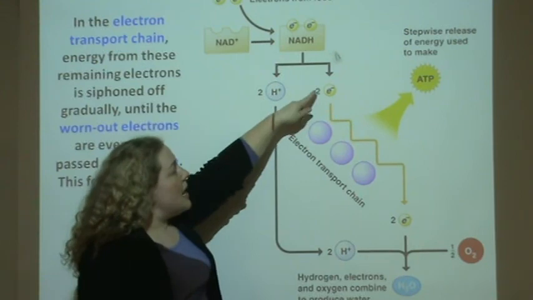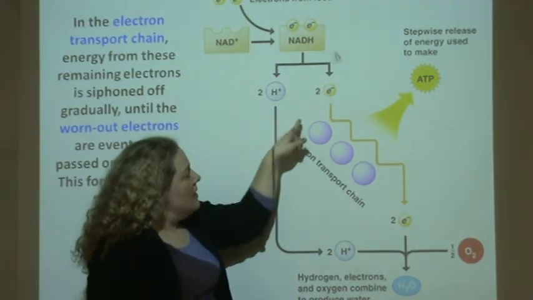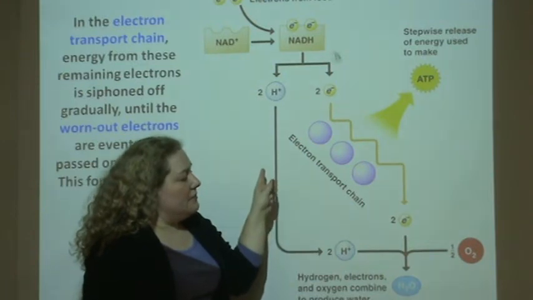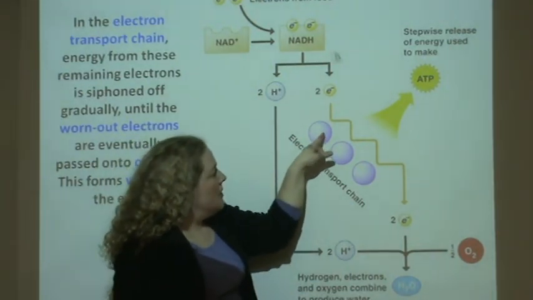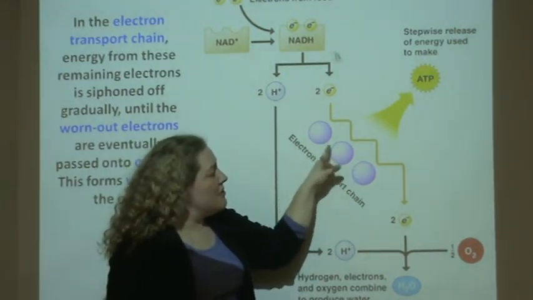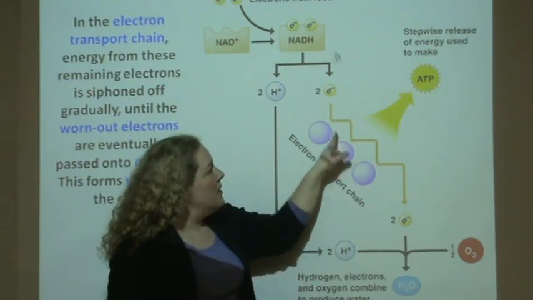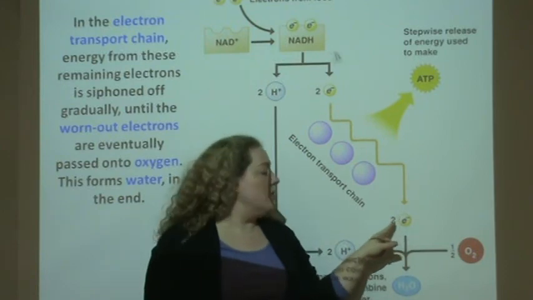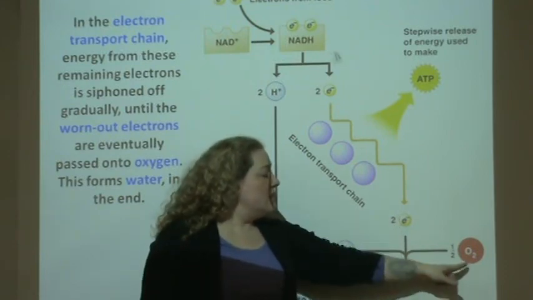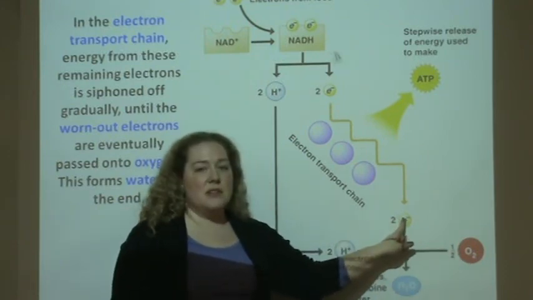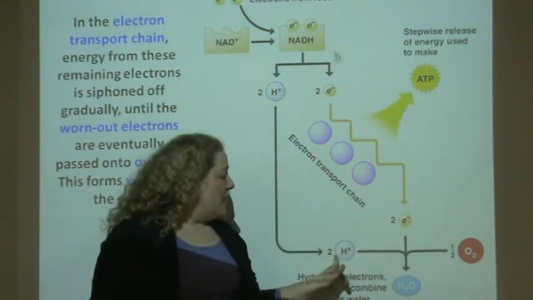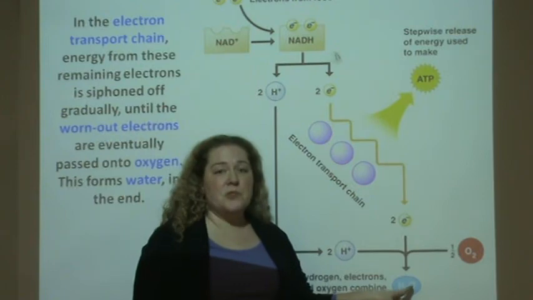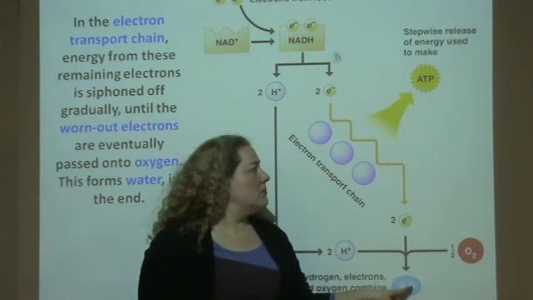And this process happens by these electrons getting passed, kind of like hot potato, passed from one protein to another in the electron transport chain, and every time they get passed, their energy is released little by little. And in the end, oxygen picks up the electrons and combines with a couple of hydrogen ions or protons and produces waste water.